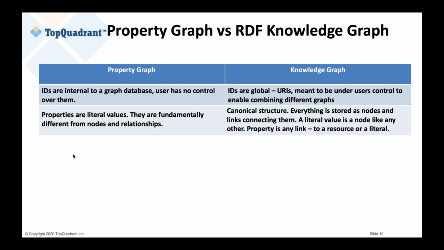Those are all called properties. And in a property graph, only literal values that are hanging off the nodes or edges are called properties. And the edges themselves, when you talk about edges, you never call them properties, you call them relationships. So these are two differences that you see right away.